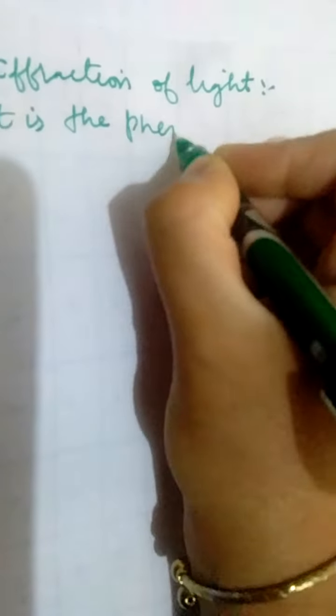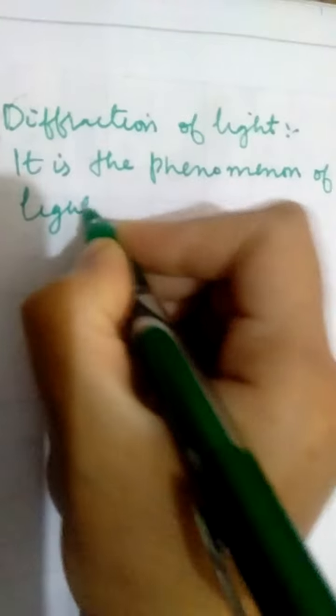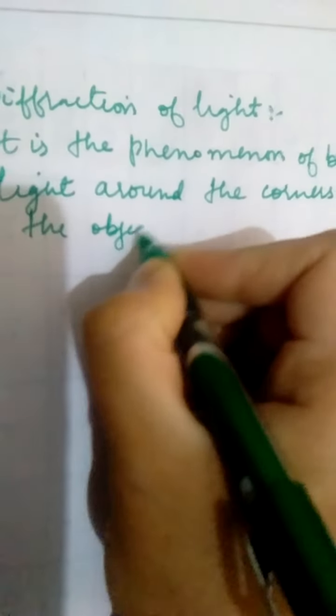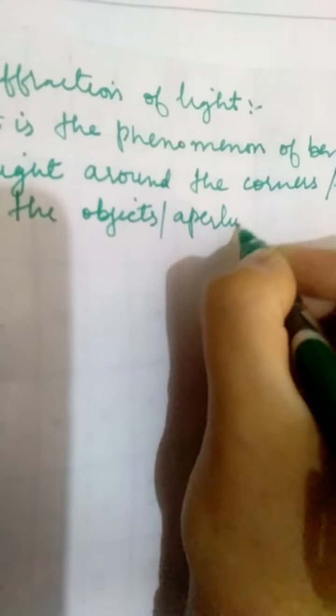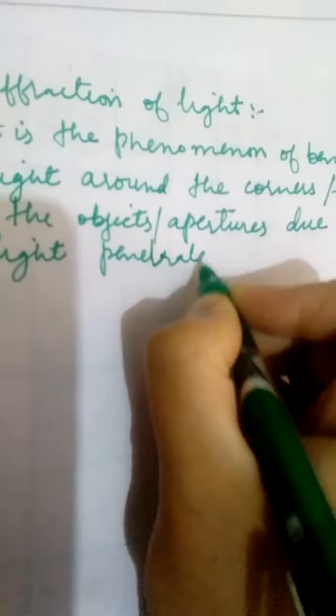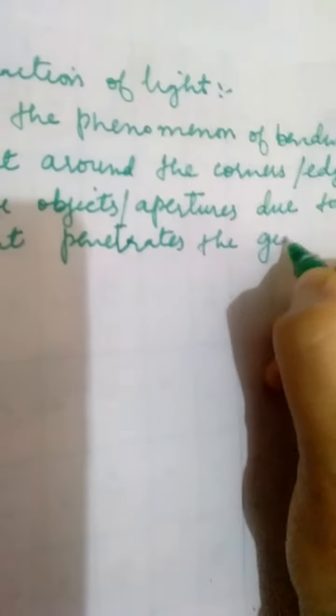It is the phenomenon of bending of light around the corners or edges of the objects or apertures, due to which light penetrates the geometric shadow of the object.